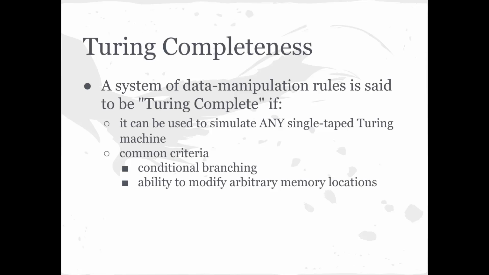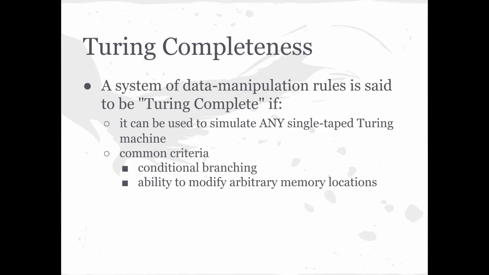So in computer science theory, for those of you who don't come from a CS background, a system of data manipulation rules or a processor or an algorithm is said to be Turing complete if it can be used to simulate any single tape Turing machine. I understand that for most people outside of CS, this is like using the word itself to define itself and doesn't mean much.